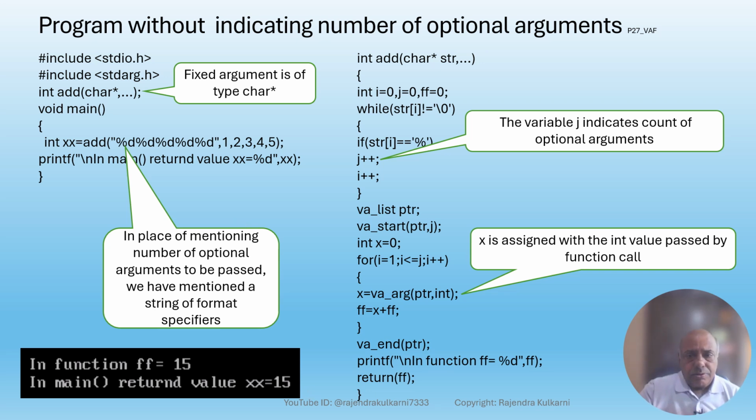So in this way we can create variable number argument functions in C.